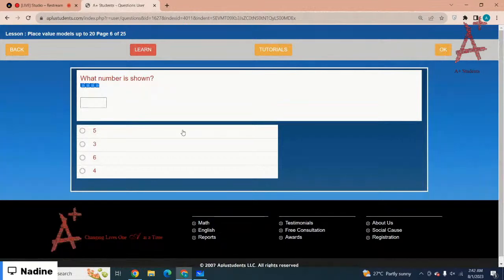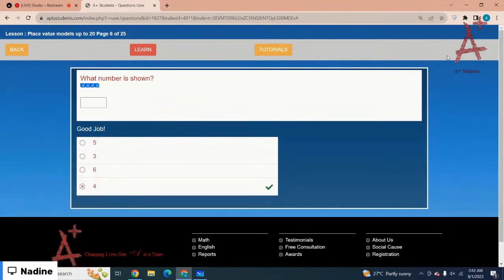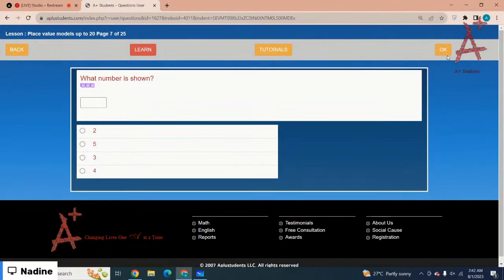Yes, the correct option is four. Be careful when counting. Okay, what number is shown? Which is the correct option? Yes, the correct option is three.